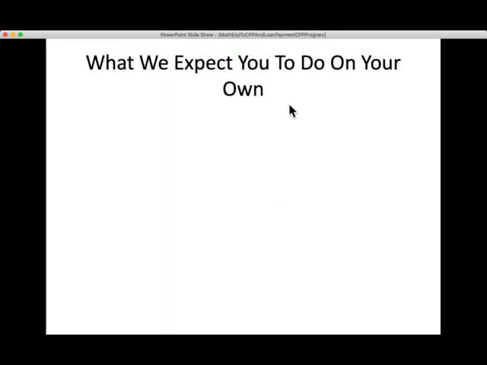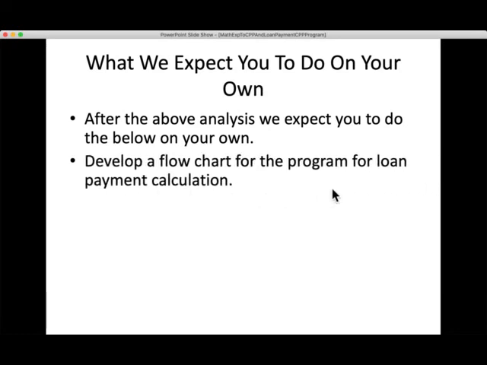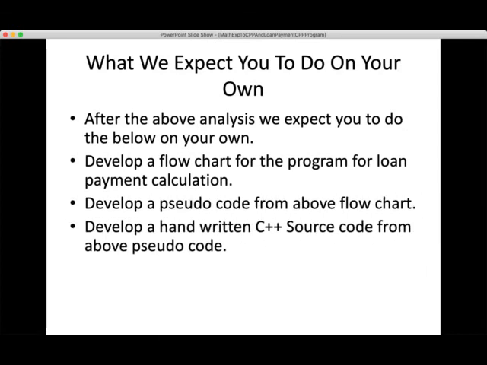This will be done for you in the design example, but you can go ahead and do that right now on your own. Develop a flow chart for the program for loan payment calculation. Flow charting has been shown before in one of the modules. Develop a pseudocode, develop a handwritten source code.